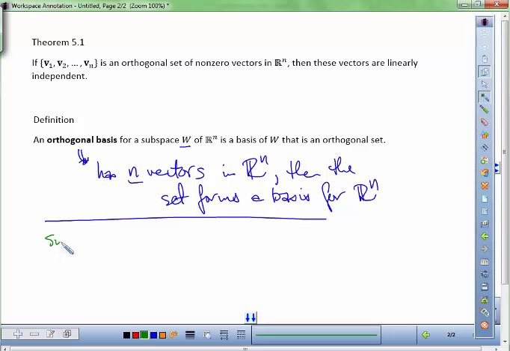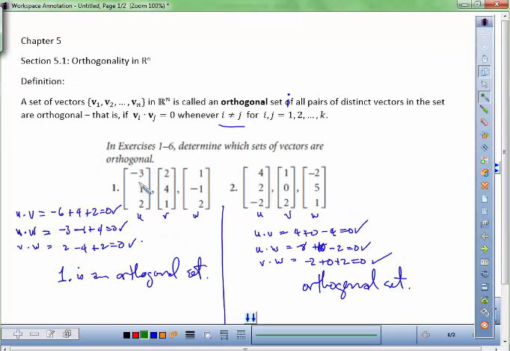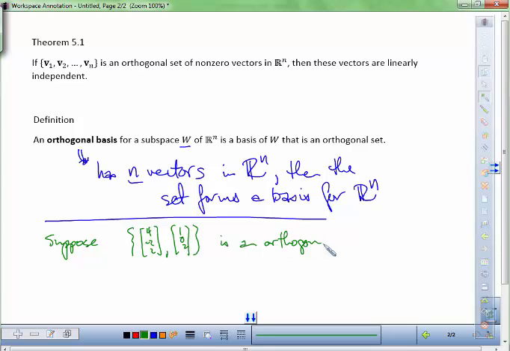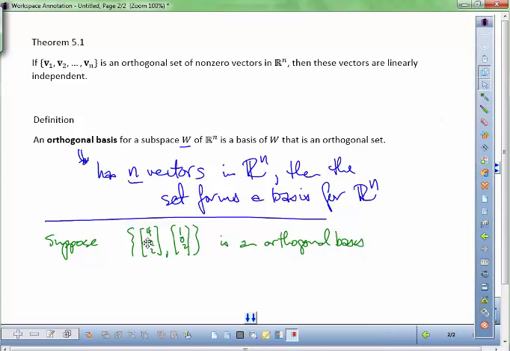So suppose we take this one because it has a 0. So (4, 2, -2) and (1, 0, 2) is an orthogonal set.